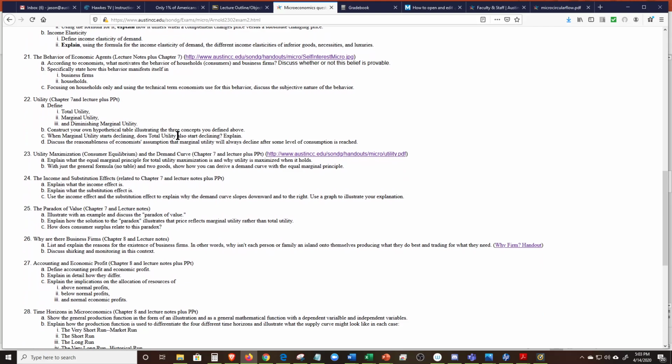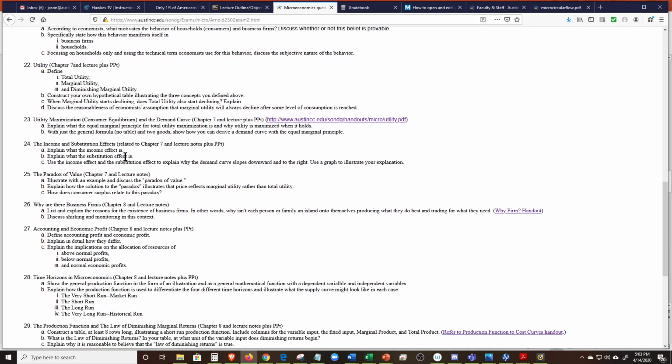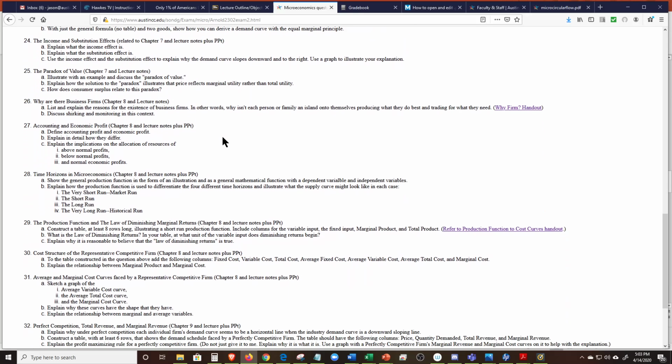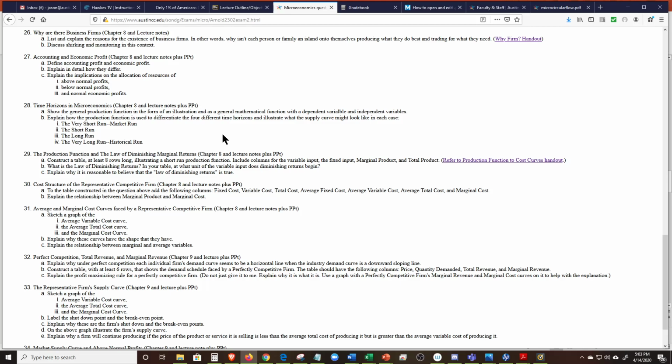In 22, 23, 24, and 25, we basically derived the demand curve based upon consumers acting in their rational self-interest, maximizing their utility. And then starting in 26, we started thinking about business firms and their behavior, and we talked about accounting and economic profits.